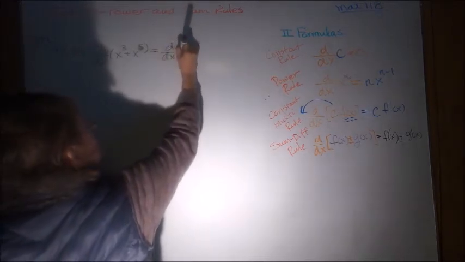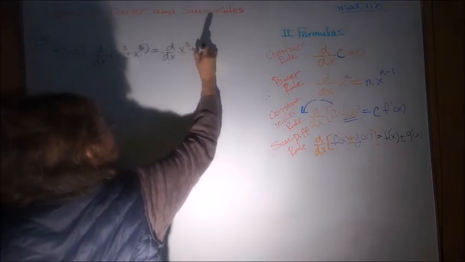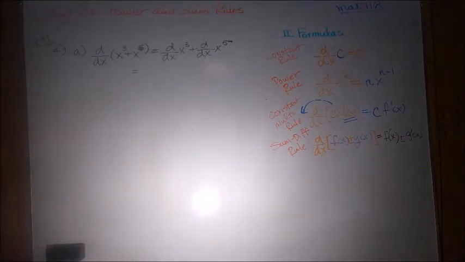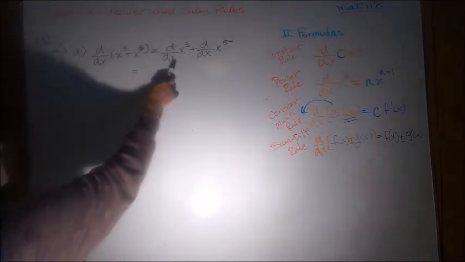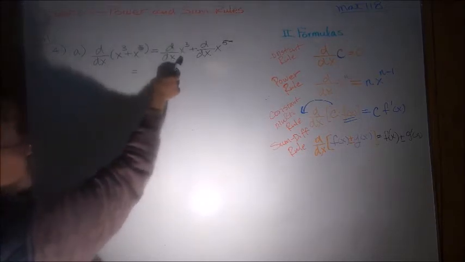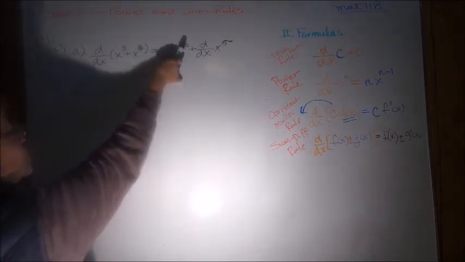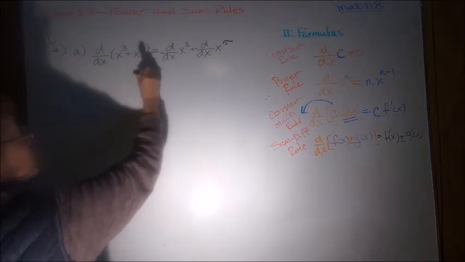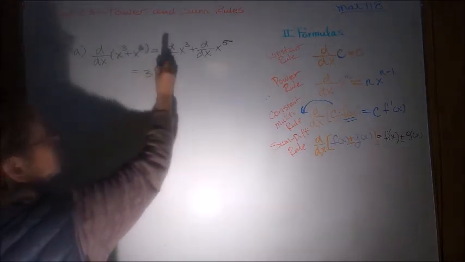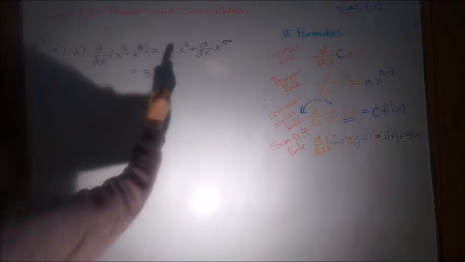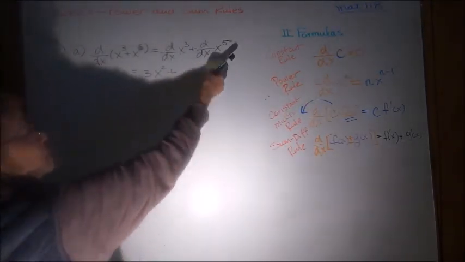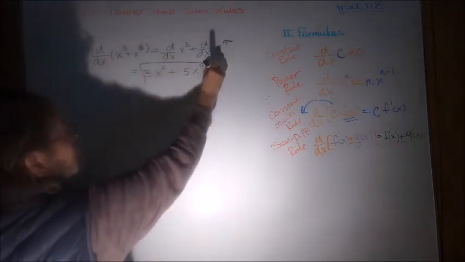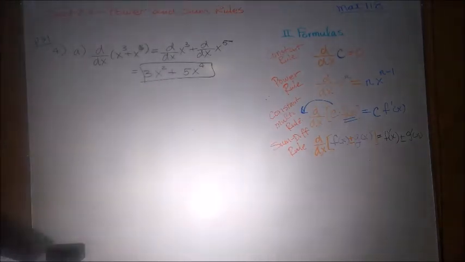D over dx of the first one, and you do the second one, right? What's the first one? The derivative will be what? Single variable with the exponent, right? We just use power rule. So move the power to the front and drop one level. That would be 2x, right? Same thing for this one. Move to the front and drop one level. That would be it. That's what this rule is saying.